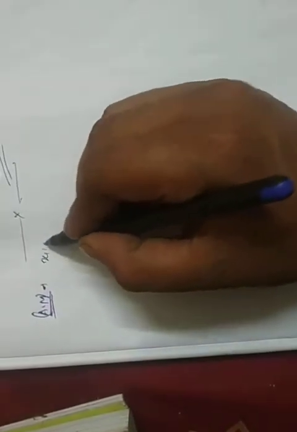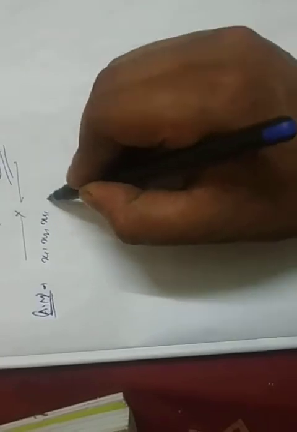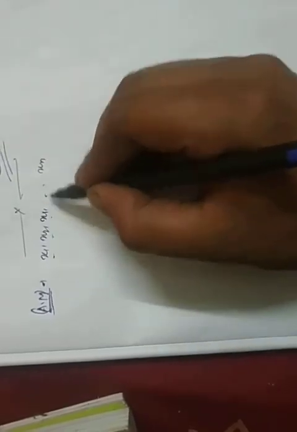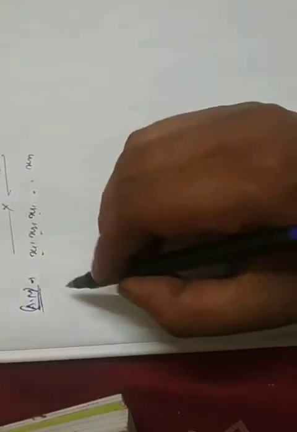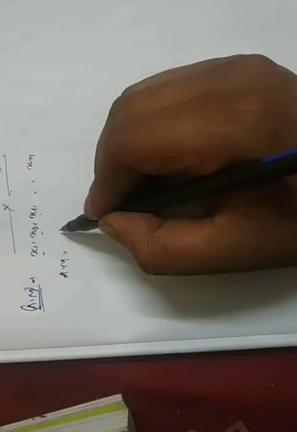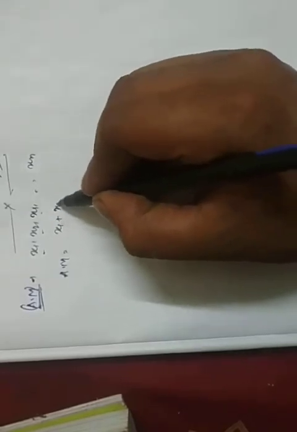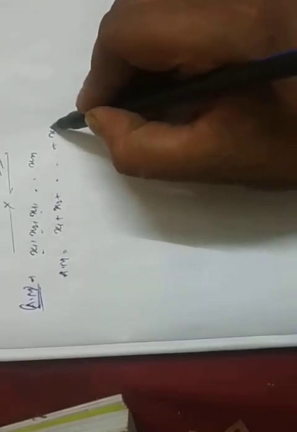If x1, x2, x3 up to xn are the n values for a simple distribution, then the arithmetic mean AM will be x1 plus x2 plus so on, the sum of all the values, divided by the total number of observations, which is n.